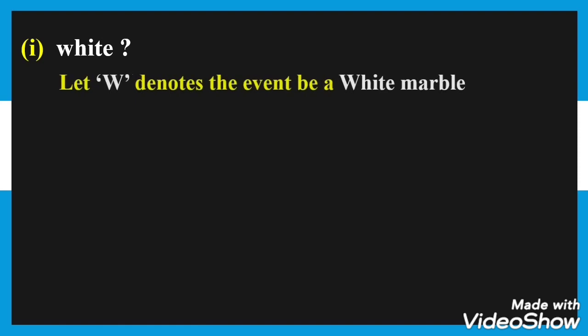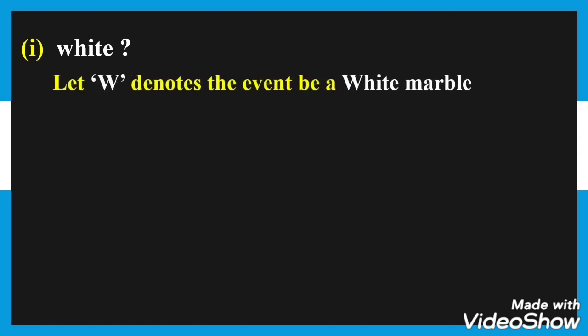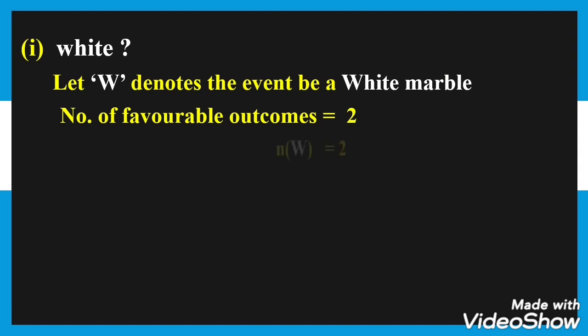There are 2 white marbles, so the number of favorable outcomes is 2. We write this as n of W equal to 2.